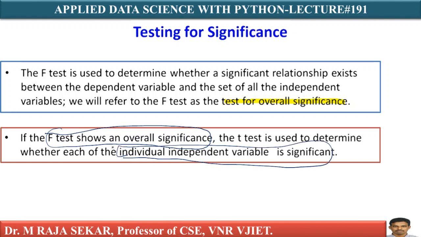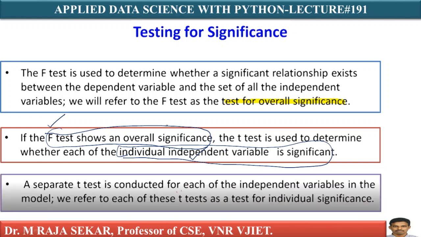One must understand the difference between these two tests. What is the purpose of the F test and what is the purpose of the T test? The T test is useful for individual independent variable significance, whereas the F test is useful to test the overall significance, meaning the entire multilinear regression model significance can be tested by using the F test.